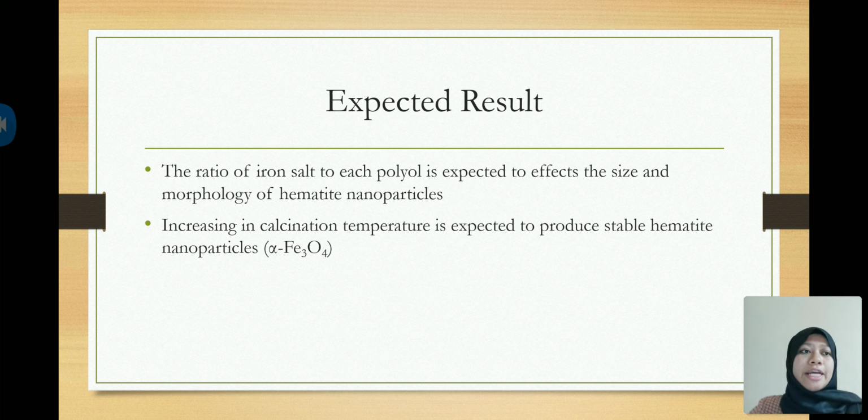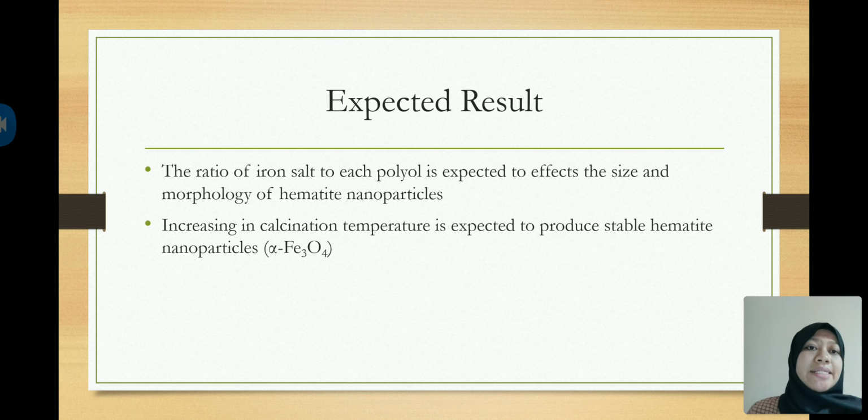The ratio cannot be too small or too high, as too small a ratio will cause failure in forming hematite at nanoscale dimension, while a high ratio of iron salt to polyol will give problems, making it difficult to control the uniform size of hematite nanoparticles.